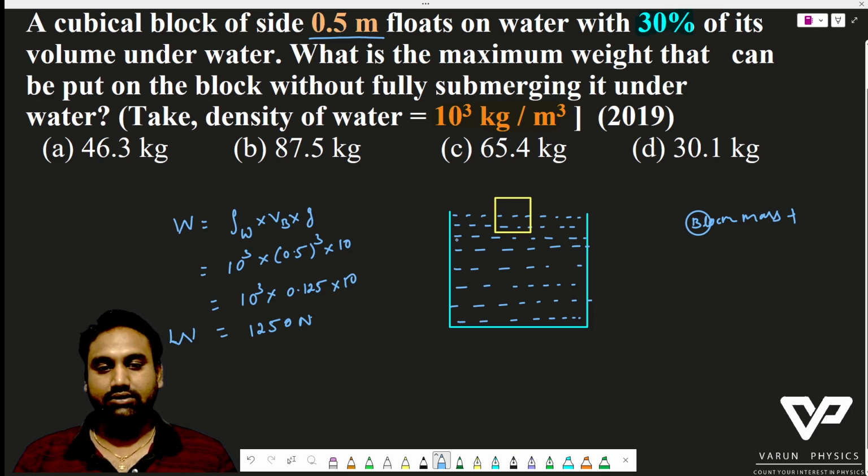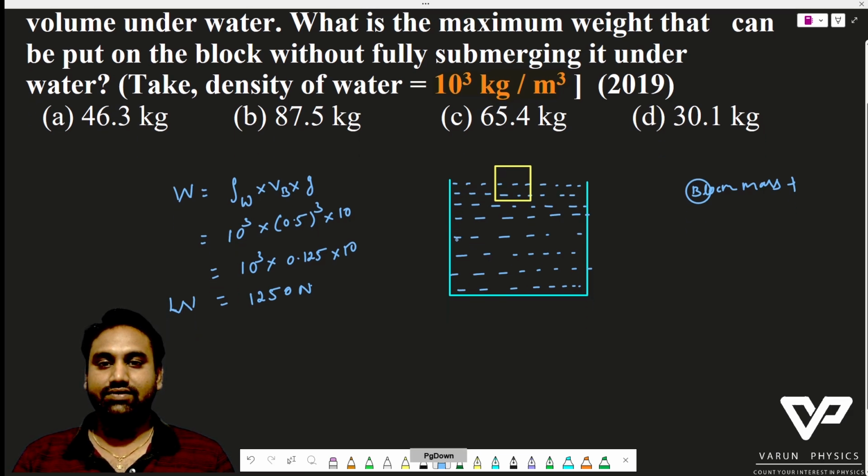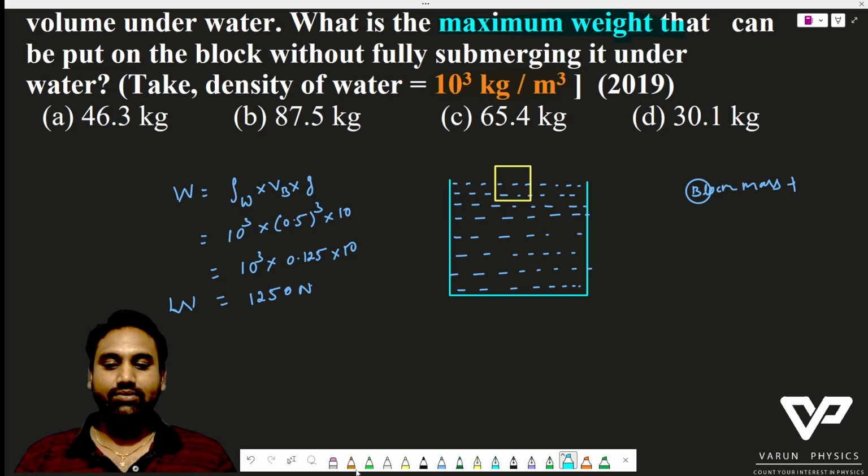So both of them will be there. What the question asks is only to find the maximum weight that we can put on the block so that it won't sink completely.